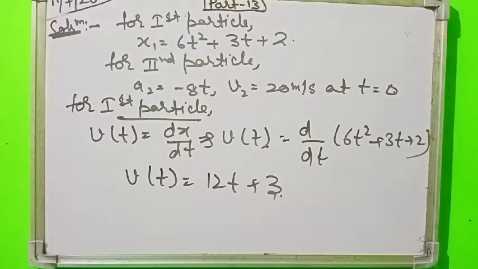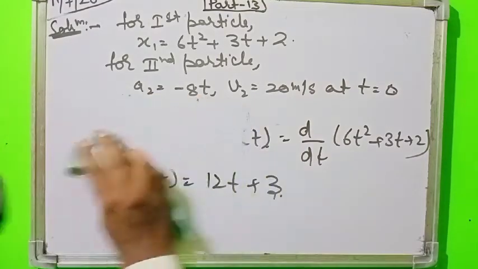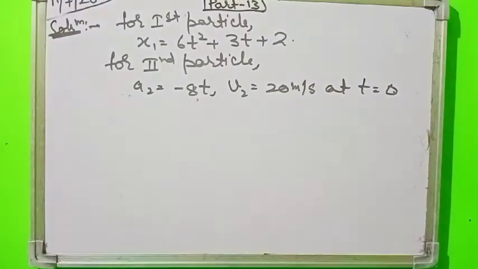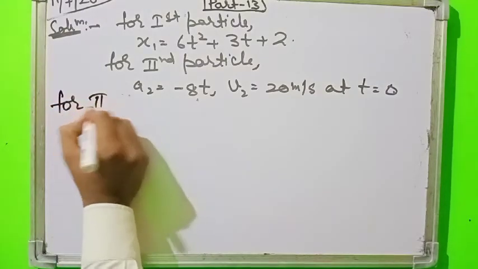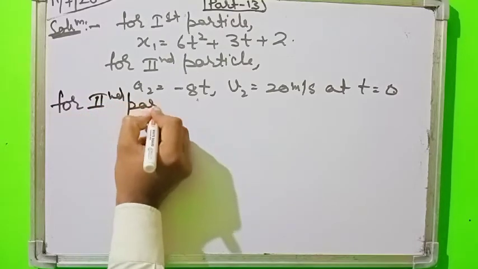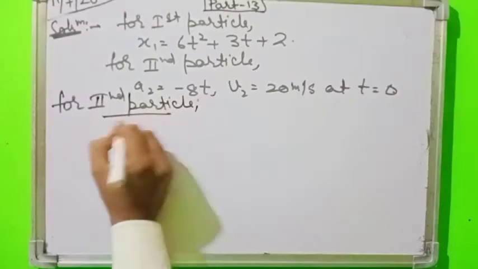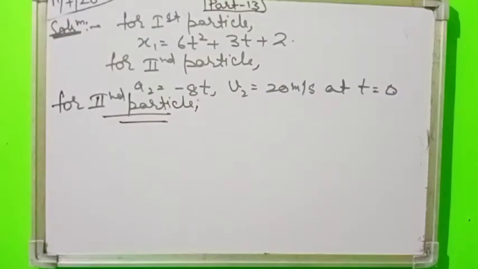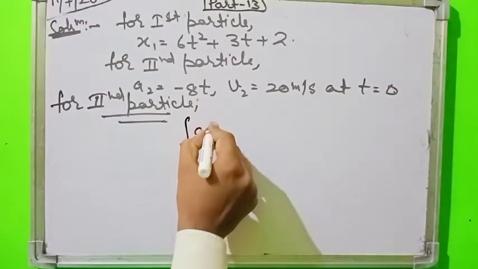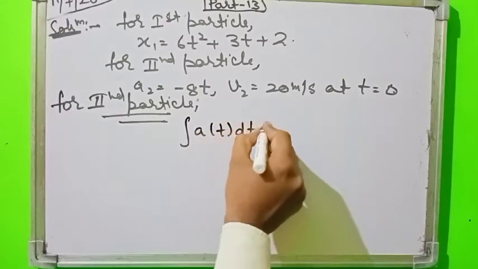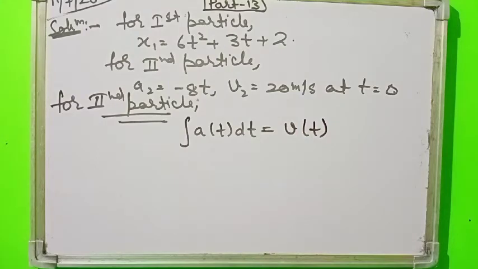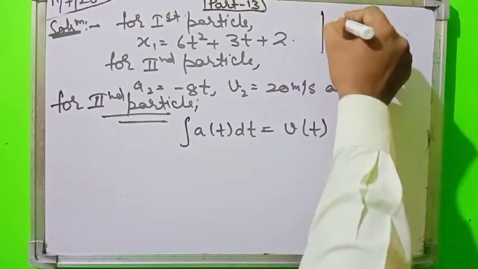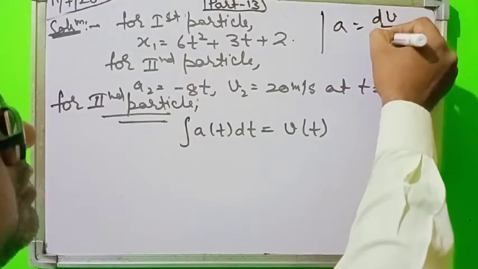Now we have to find the velocity for the second particle. Integration of a dt gives the velocity at time t, because it is simple that acceleration is equal to dv upon dt.